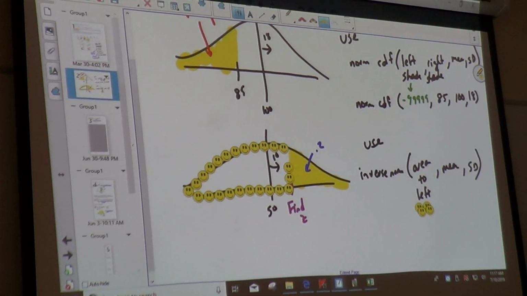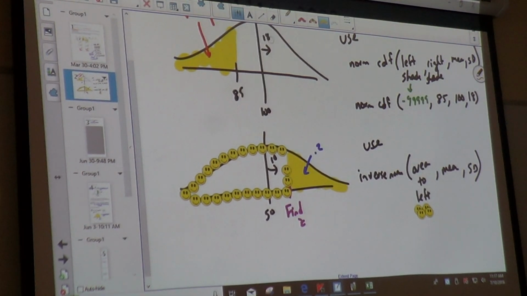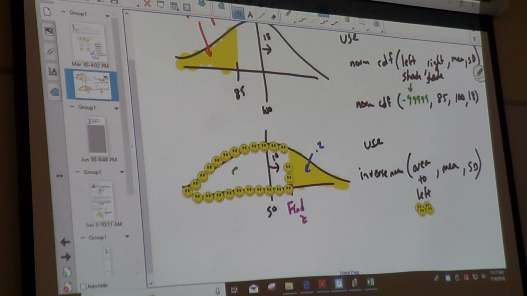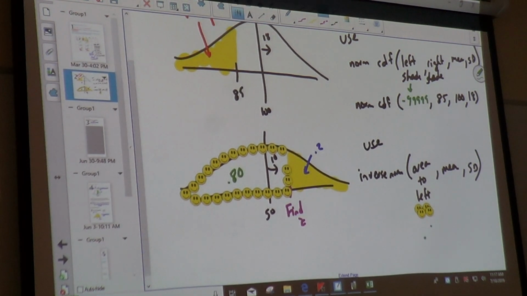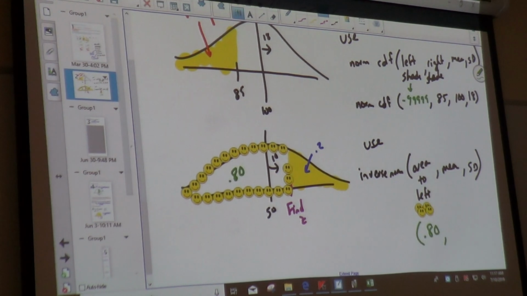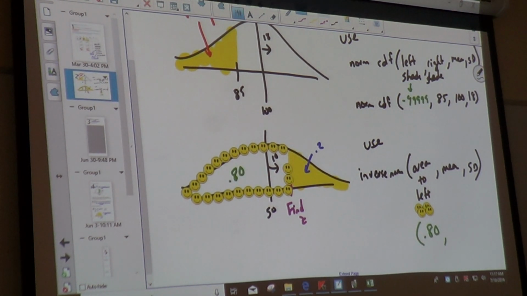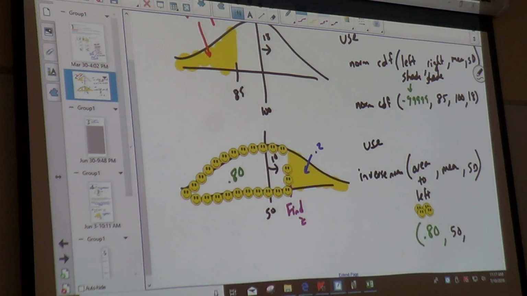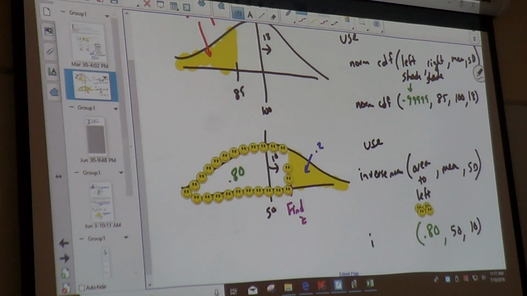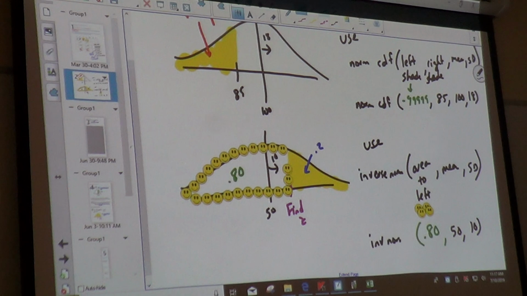So my shade to the left is going to be 80%. So 0.80 or 0.8 is going to be my shade to the left. What is my mean? 50, and what is my standard deviation? And we're doing inverse norm because we're trying to find the z.